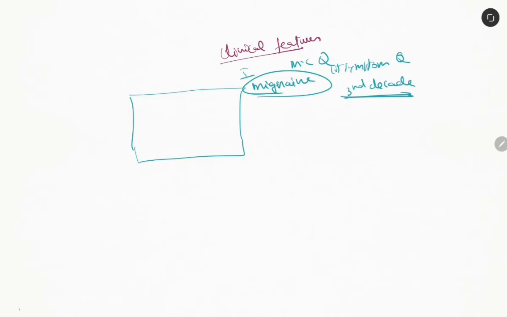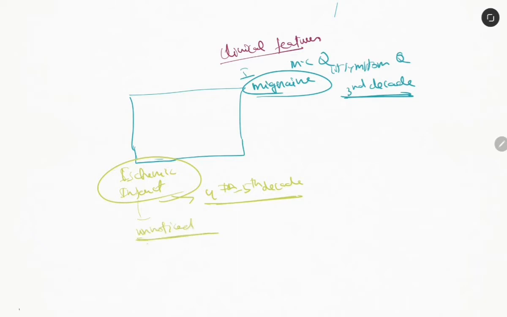Following migraine, you may get an ischemic infarct, which is most common in the 4th to 5th decade. These ischemic infarcts sometimes may be unnoticed in your childhood period.